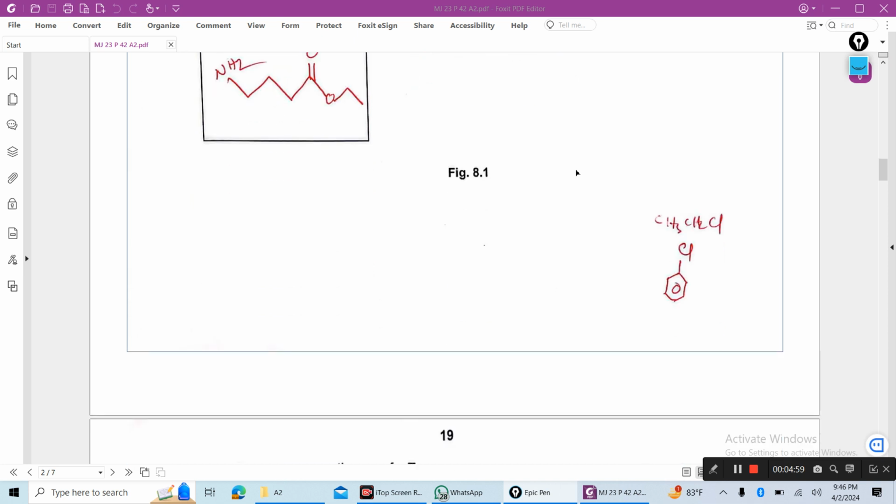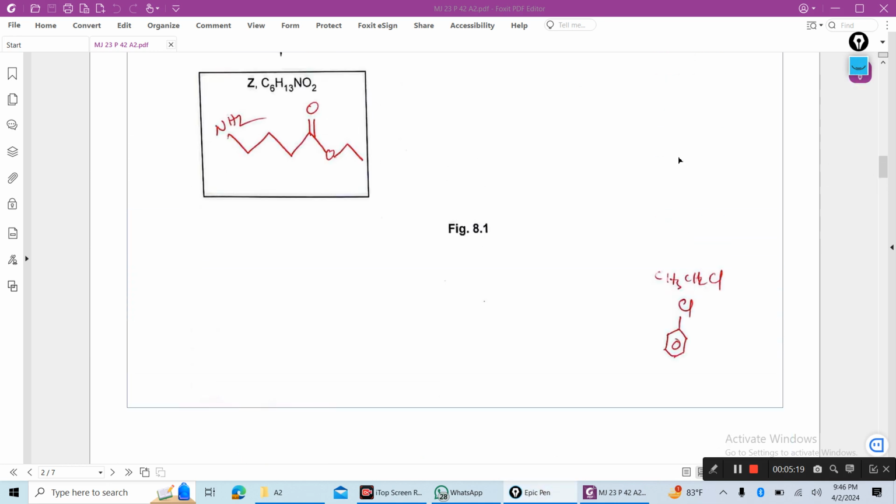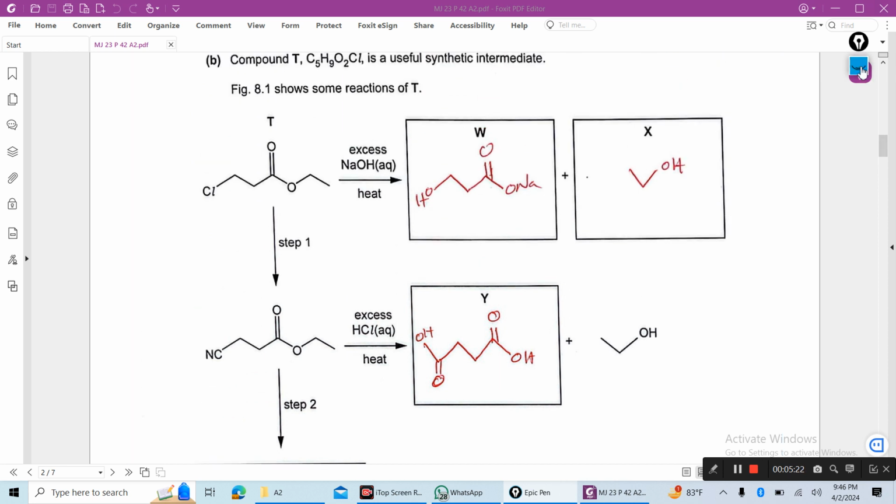So first you see this. Number 2, draw the structure of W, X, Y and Z in figure 8.1. You see the answer. So when compound T reacts with excess sodium hydroxide, it has an ester group and a chlorine group.